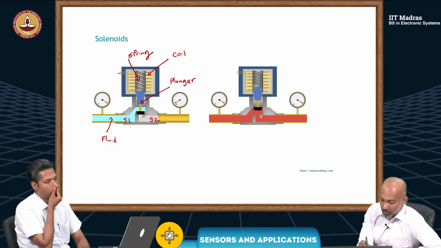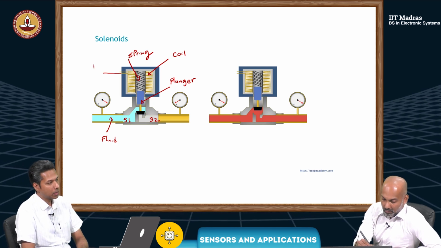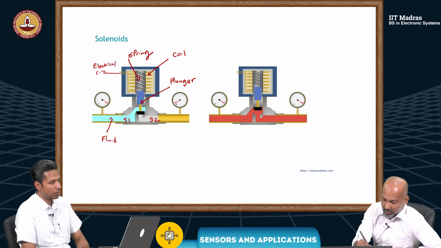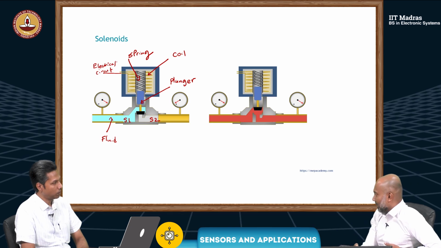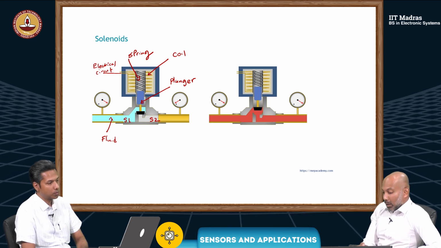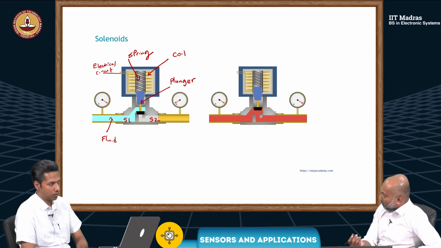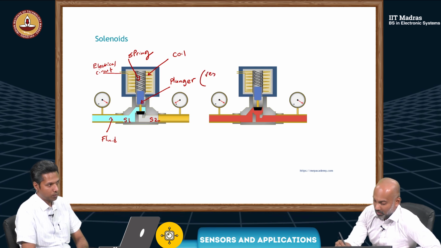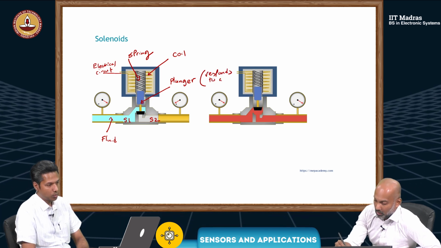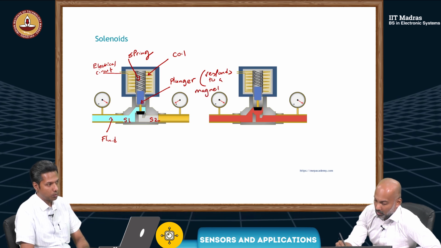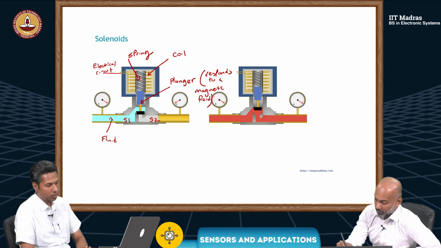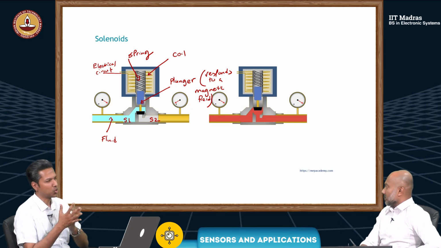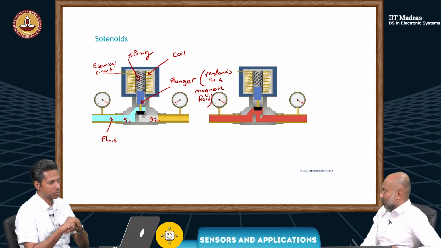Now, this coil is connected to some electrical circuit or power supply. Let's say this plunger is made of a material that responds to a magnetic field, so it could be some kind of metal, steel, soft iron, some magnetic material.